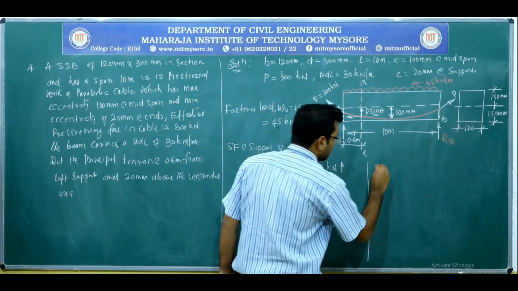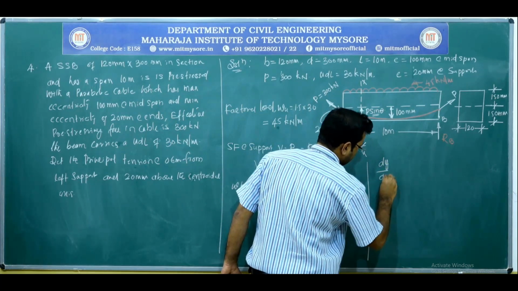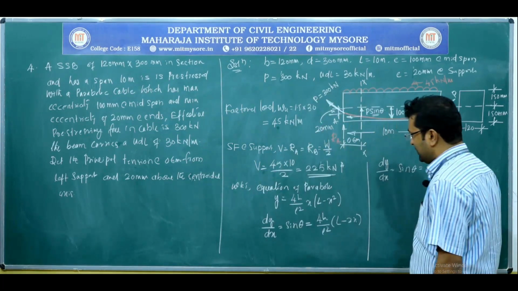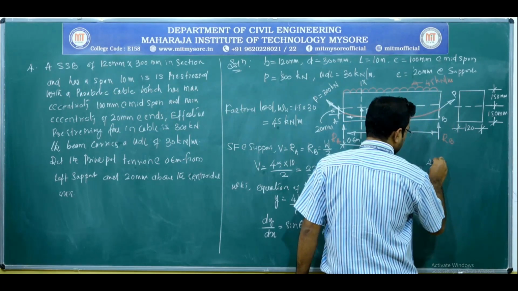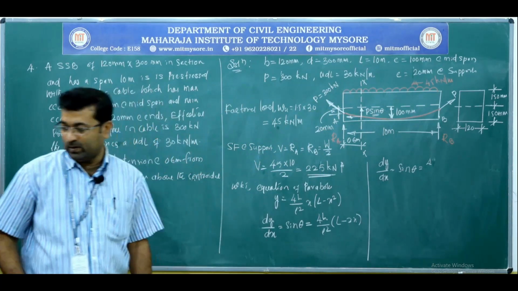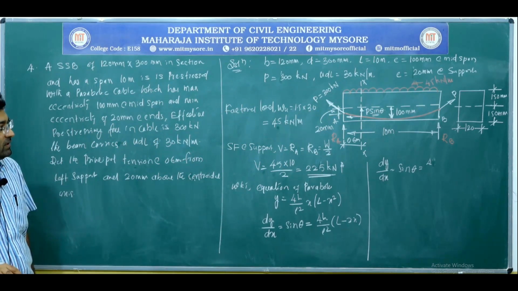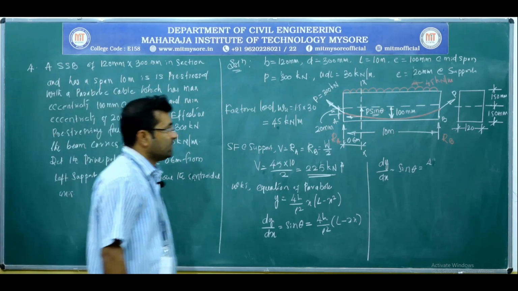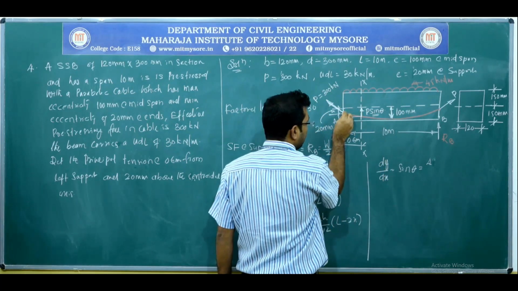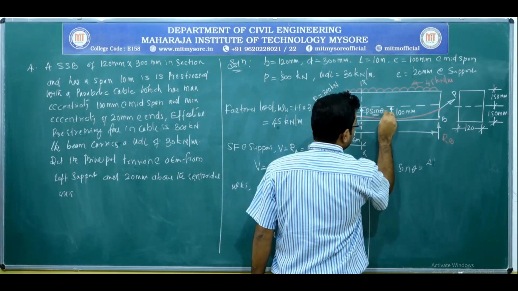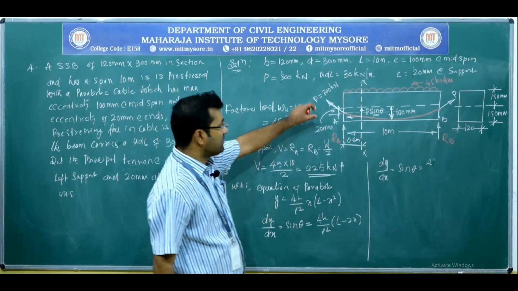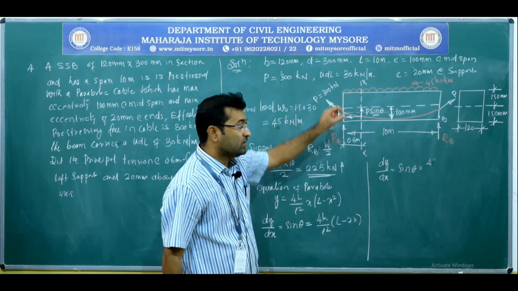Okay? Therefore, dy by dx is equal to sin theta is equal to, what is 4h? 4 into h, what is the height of the tip of the cable, or you can say the height of the cable with respect to ends. So here you can see the total eccentricity is 100 millimeter, but with respect to end, the tip of the cable at the middle span, it is 100 minus 20, because here the eccentricity at the end is 20.